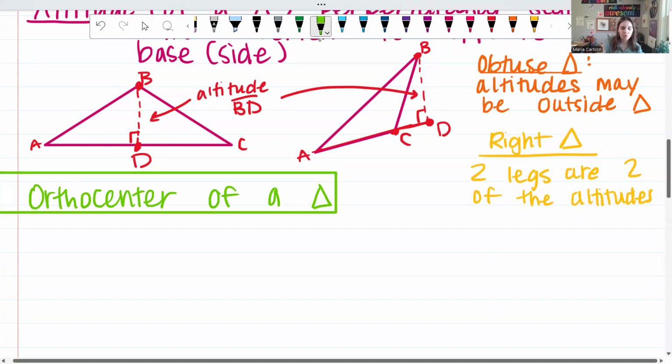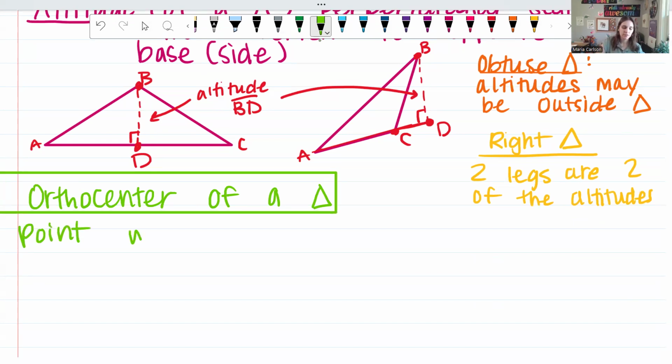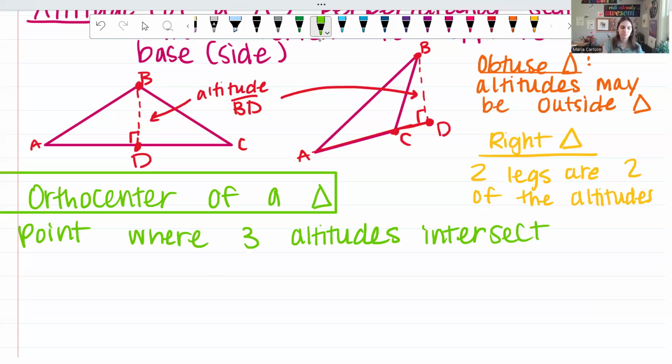The orthocenter is the point where the three altitudes of the triangle intersect. So this could be inside, it could be outside, or it could be on the triangle itself. Let's talk about the difference. How do you know? So let's start with an acute triangle first.